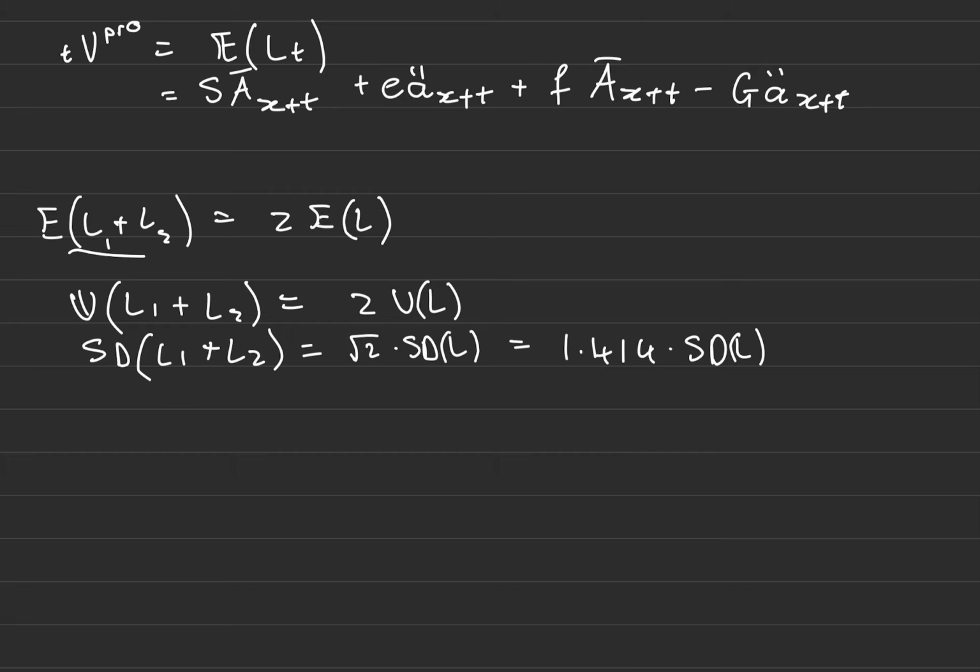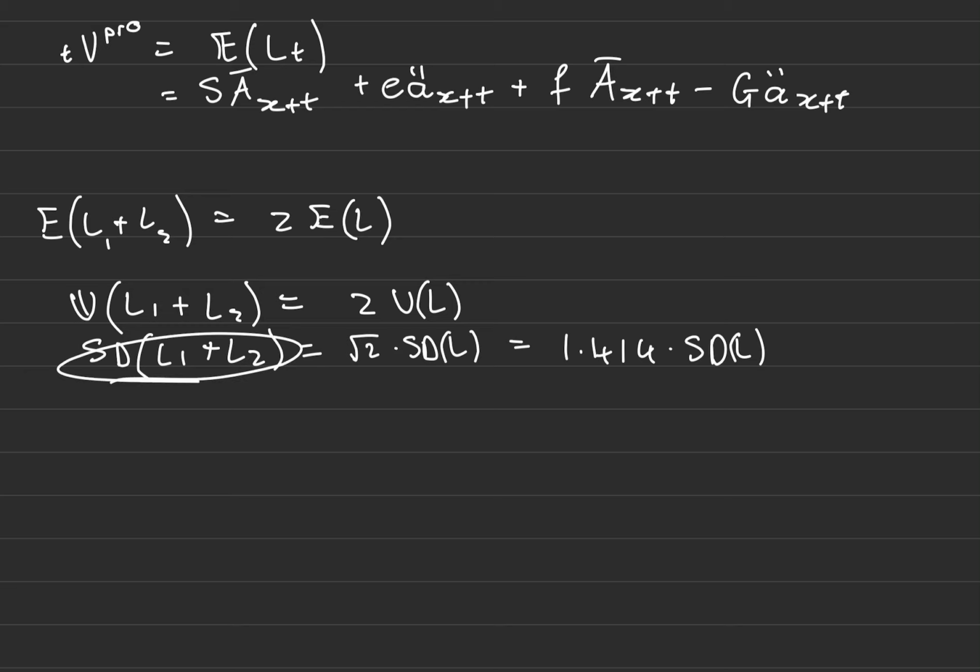So if these expectations are equal, so 2 times the expectation for one of them is equal to the expectation of both losses, then I would expect the standard deviation of both losses to be 2 times the standard deviation of one loss, but it's not.